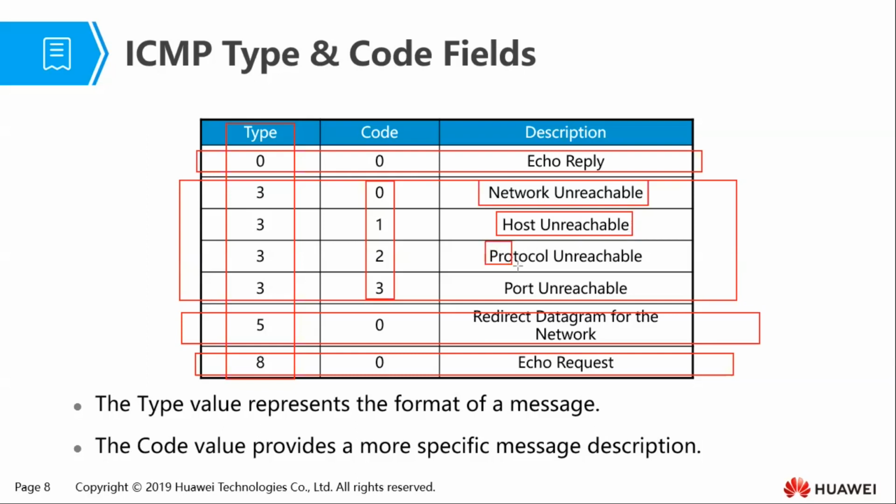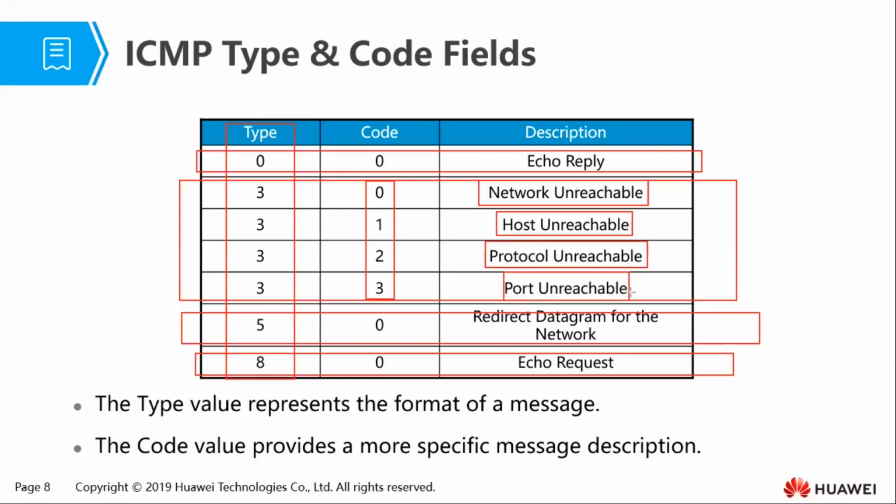Then protocol unreachable. Sometimes in our gateway, we block certain protocols using what we call access control lists. We are going to learn about them later. So if you're trying to reach a particular server using a protocol that has been blocked, you're going to get this reply, protocol unreachable. Sometimes you can also block some ports using access control lists.